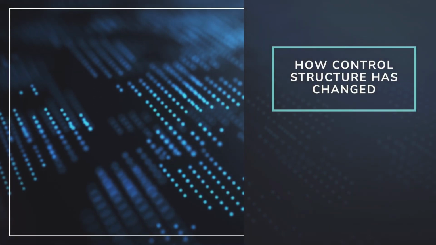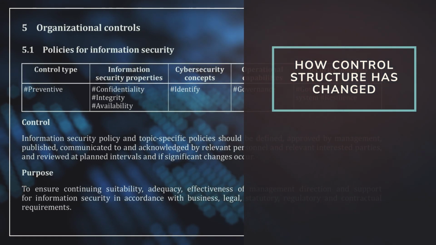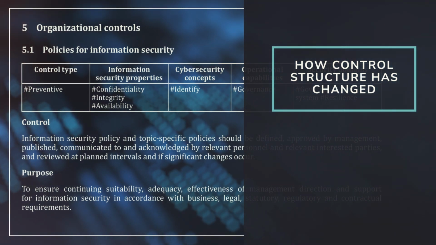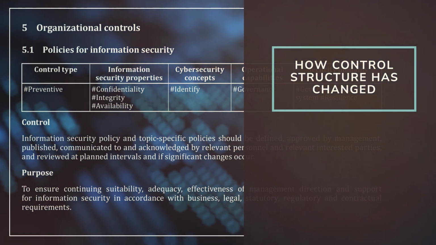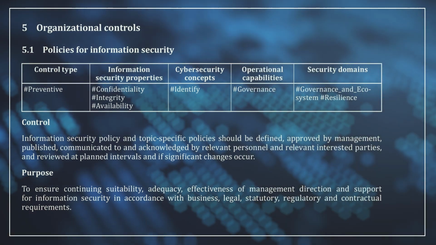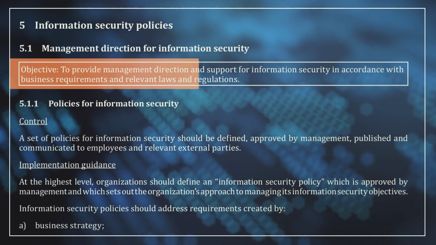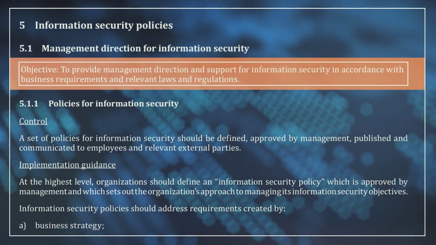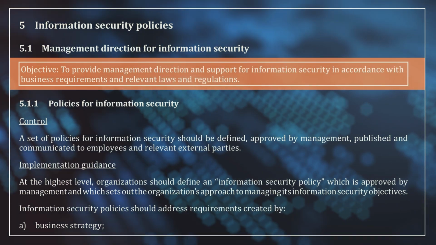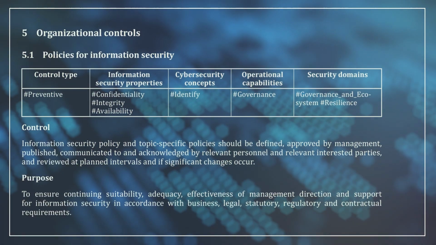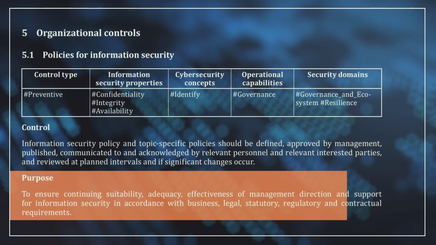The structure of the information provided against each of the controls has also been changed within ISO 27002, which is the standard that provides guidance on how to implement those controls. Whereas previously each control section had an objective which covered a number of different controls, each control now has its own purpose defined within the standard.